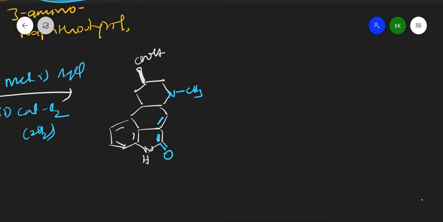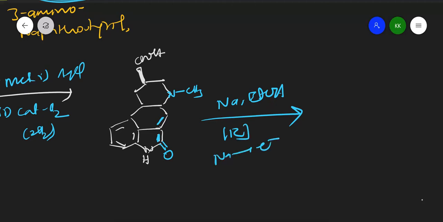But this pi bond is here, right? So what happens? I will add one more reducing agent, that is sodium in ethanol, right? We call it Birch reduction, right? In which sodium will give electrons and ethanol will give the proton H plus.